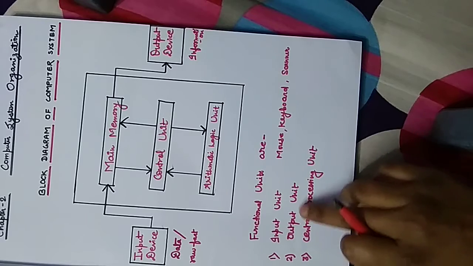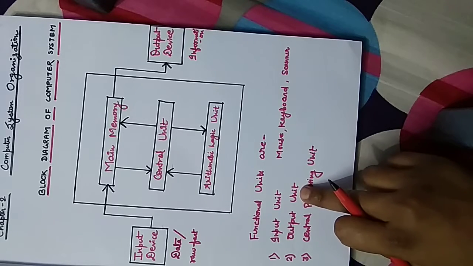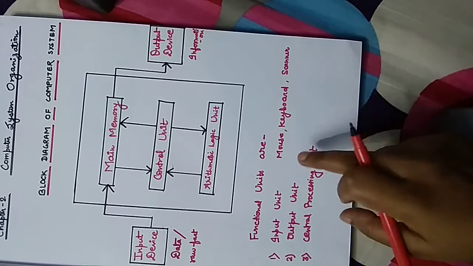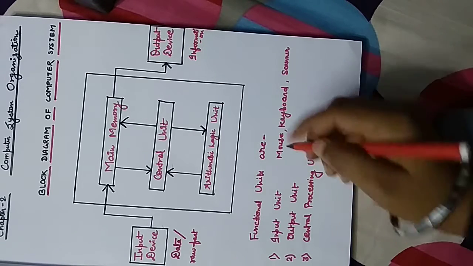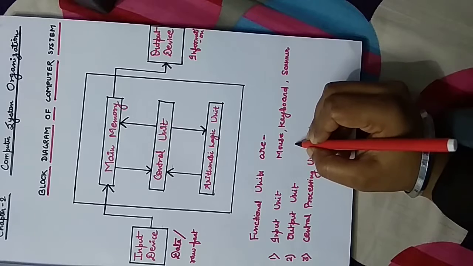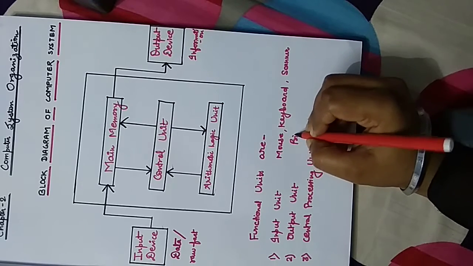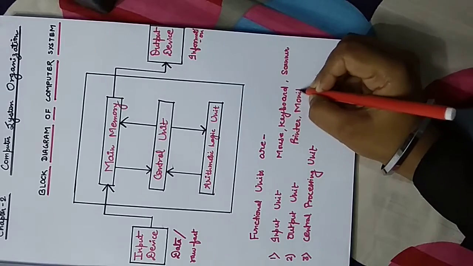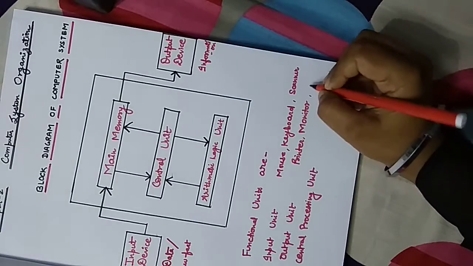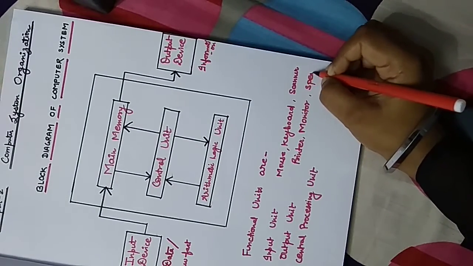After this, the output unit gives information to the user with the help of output devices, and the most commonly used output devices are printer, monitor and speaker.